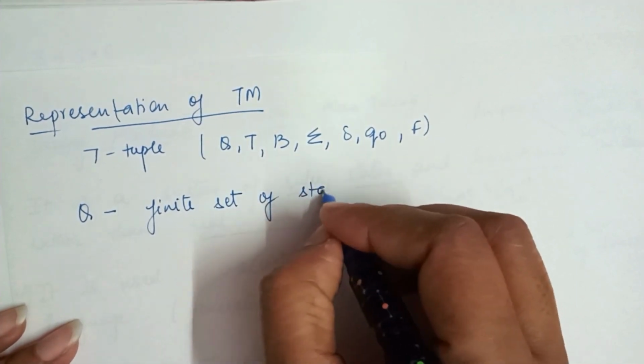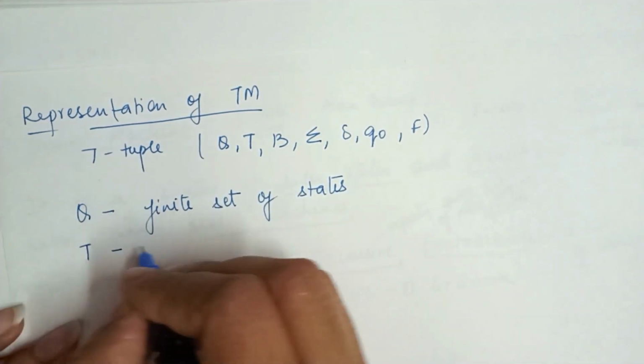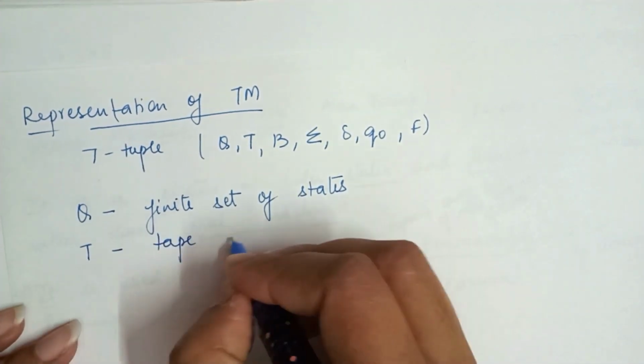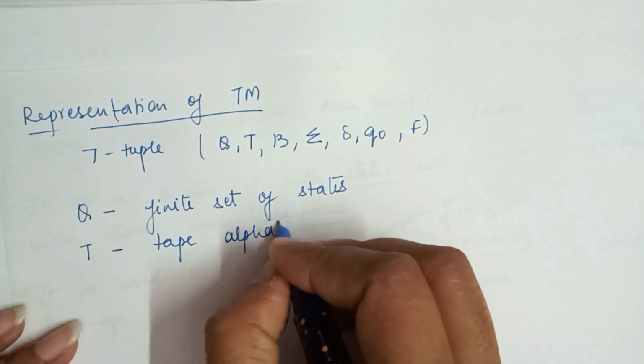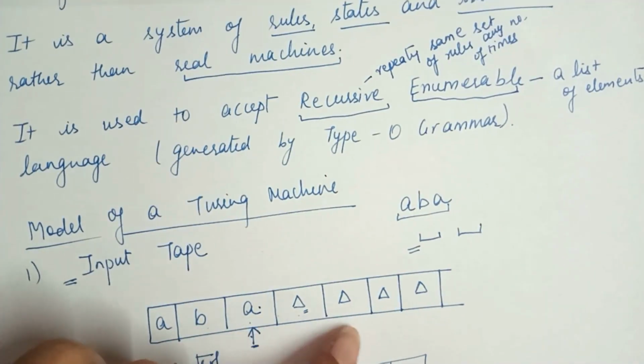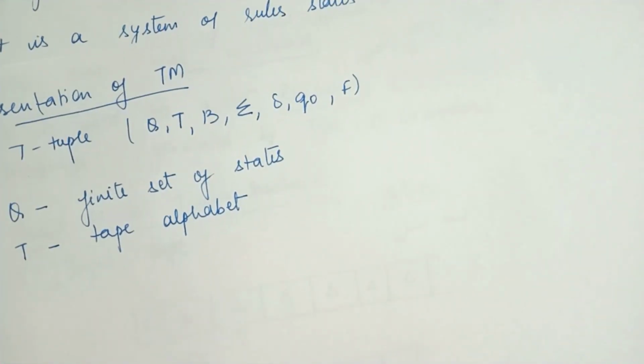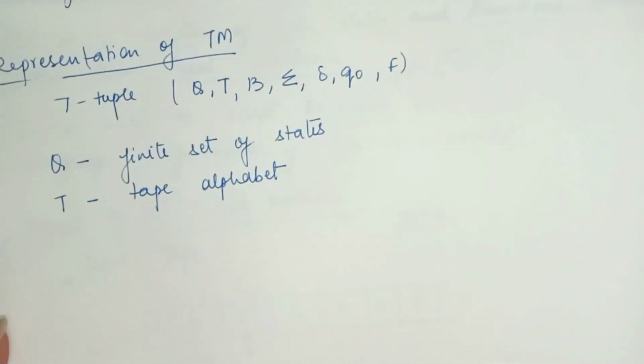T is represented as the tape alphabet. Tape alphabet means the input symbols that are placed on this input tape. So T is the alphabet whose symbols are written on the tape.